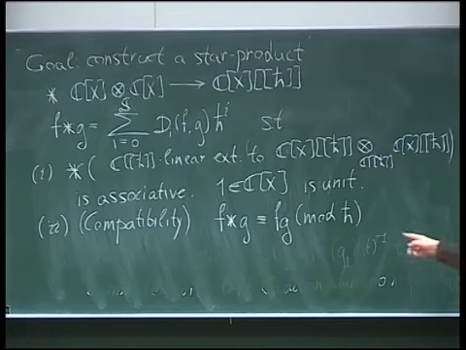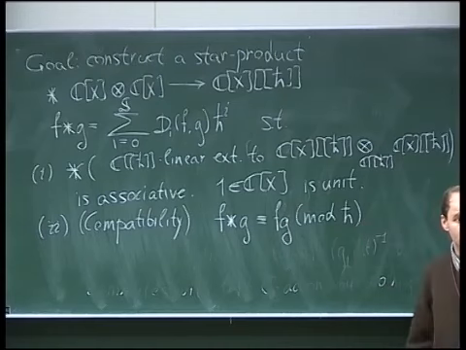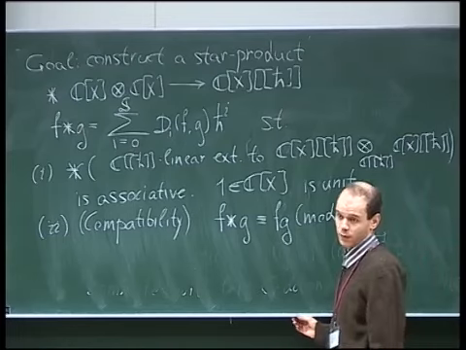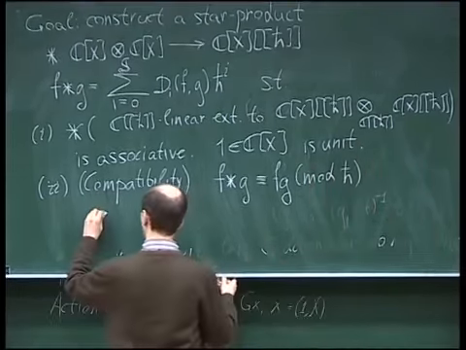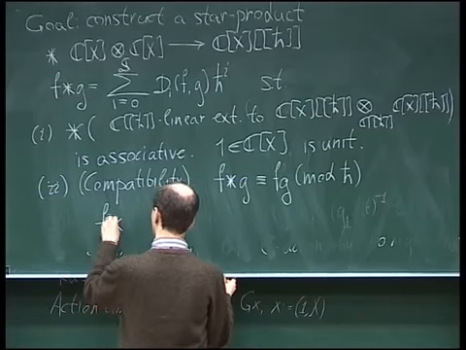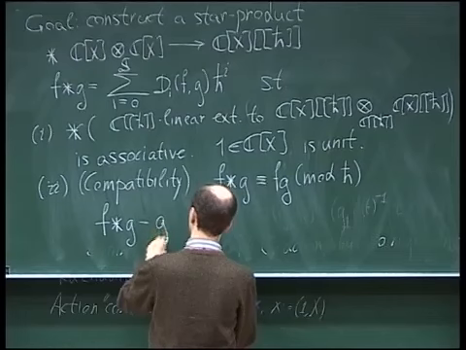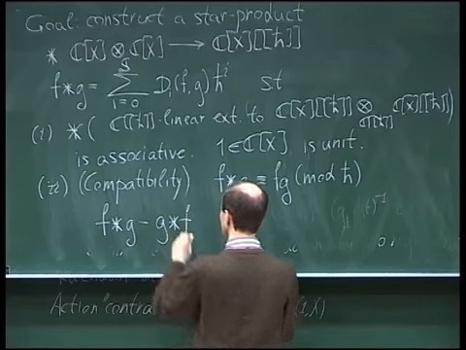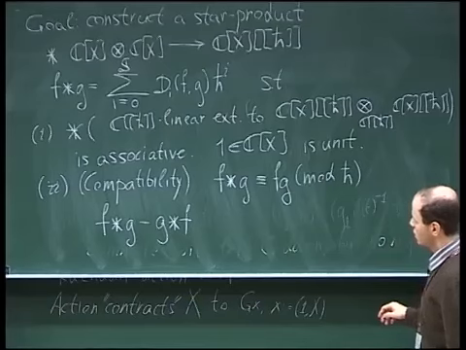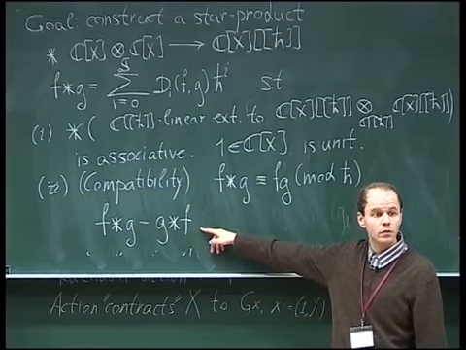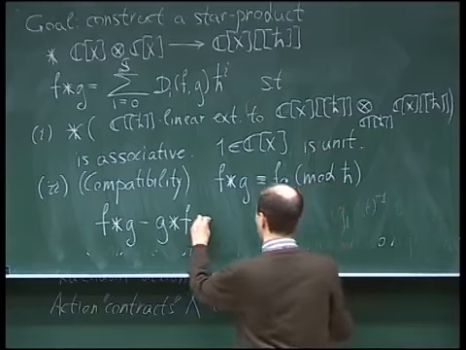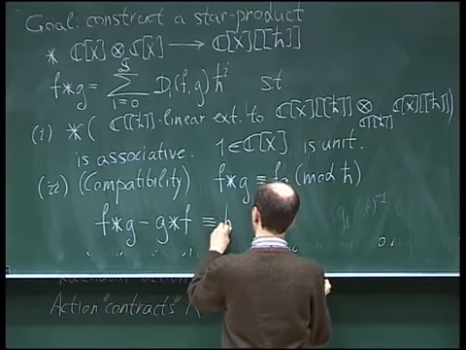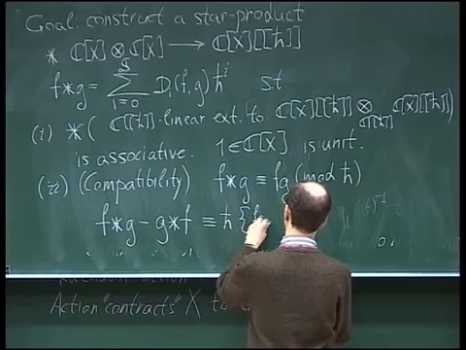And here, also another requirement, we have the Poisson bracket. And we want our star product to be compatible with this in the following way. We can consider f star g minus g star f. It has no constant term, and it starts then with h bar times the bracket of f and g.